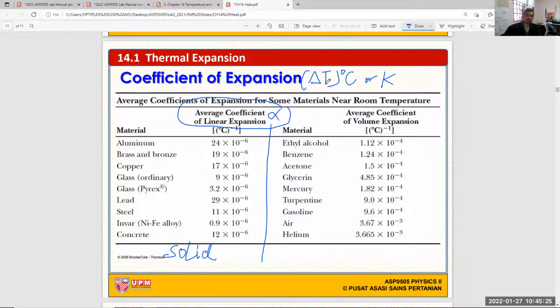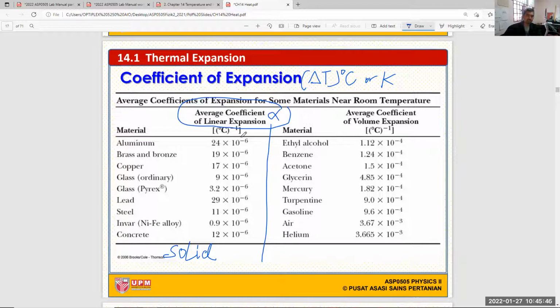So that is what I told you yesterday. In your calculation of delta L, the expansion, you can use either Celsius or Kelvin, but because this table uses per Celsius, just use Celsius. Don't worry about that.